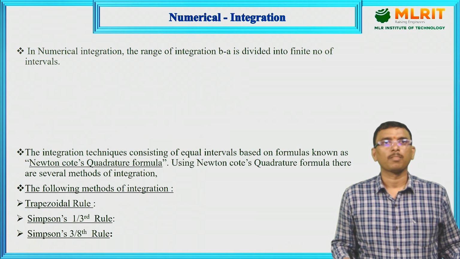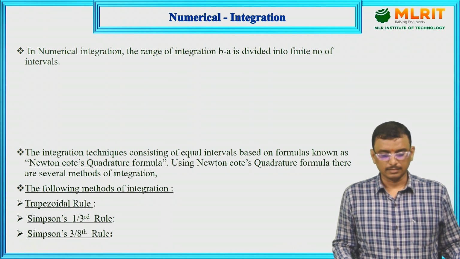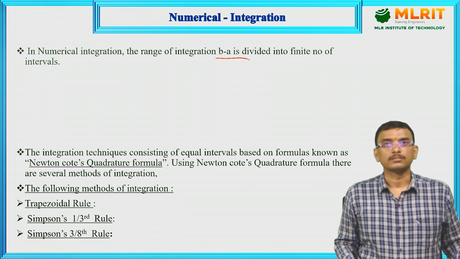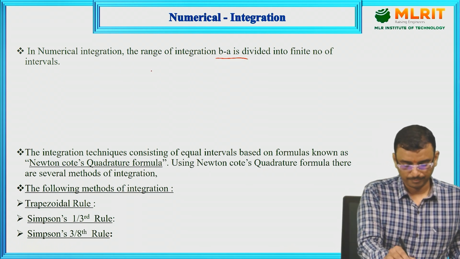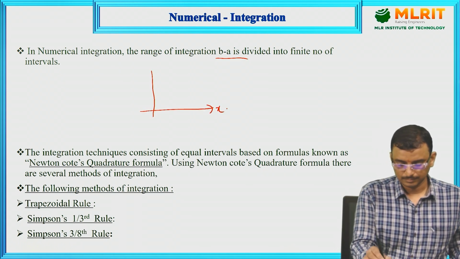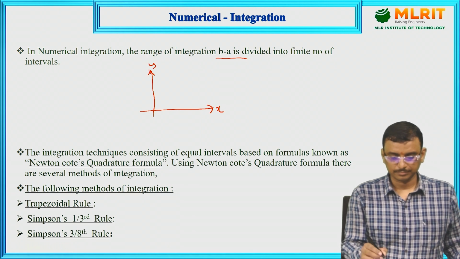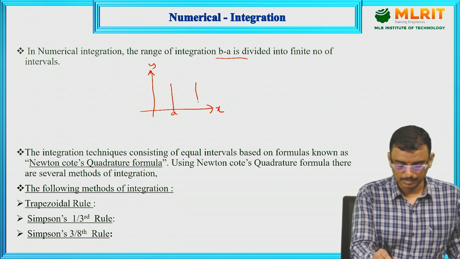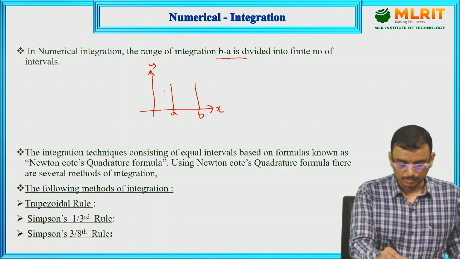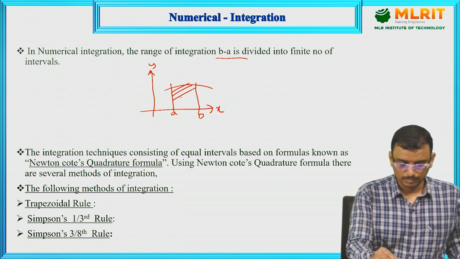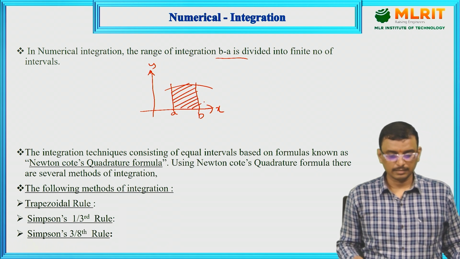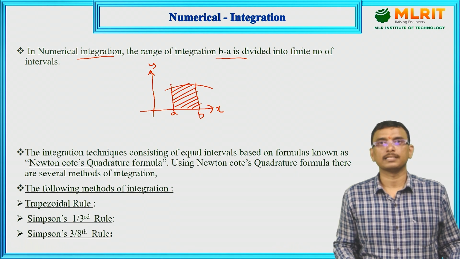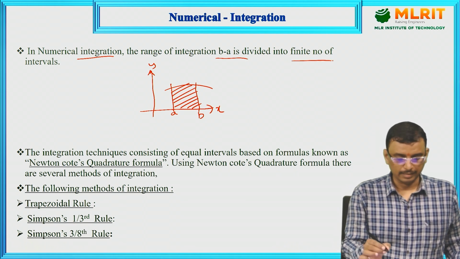In numerical integration, the range of the integration is b minus a. I will explain graphically. This is the x-axis and this is the y-axis. I take a as a coordinate on the x-axis and b as another coordinate, and draw a curve. In numerical integration, the range of integration b minus a is divided into a finite number of intervals.